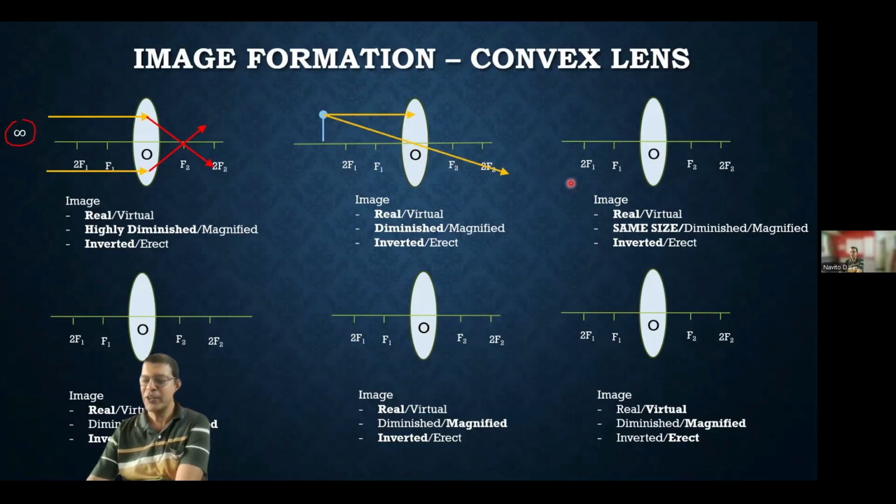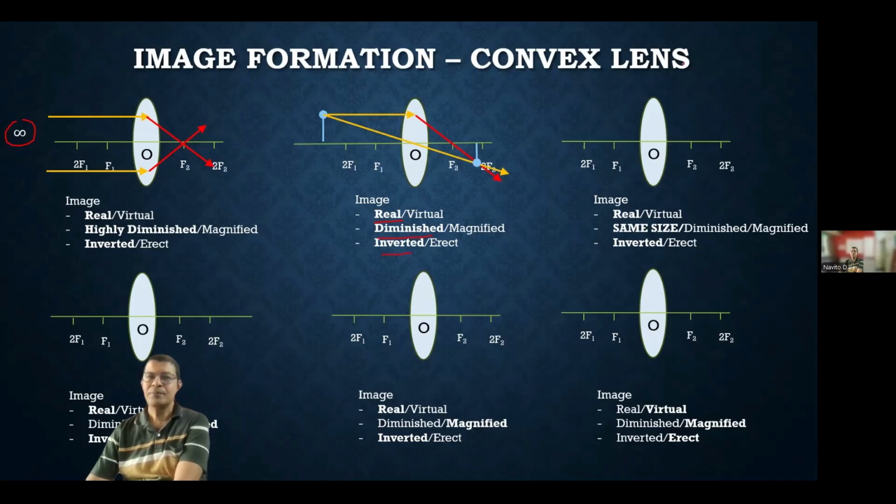The final emerging rays: the one through the optical center goes undeviated, there is no reflection here. The second ray will bend towards the focus. So the image is formed between f2 and 2f2. The image is real, diminished, and inverted.